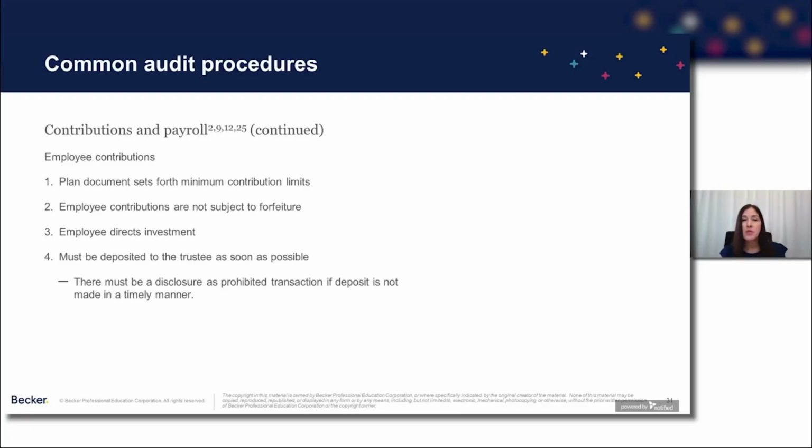Those are the timely remittance rules, and we're going to talk about those in just a few more minutes. The timely remittance rules relate to all of those amounts that are withheld from the participant's wages. So that would be all of the employee contributions as well as participant note receivable payments that are withheld from participants' wages.